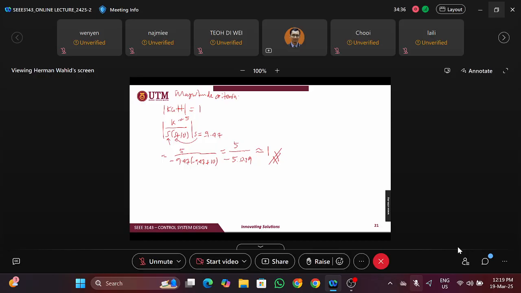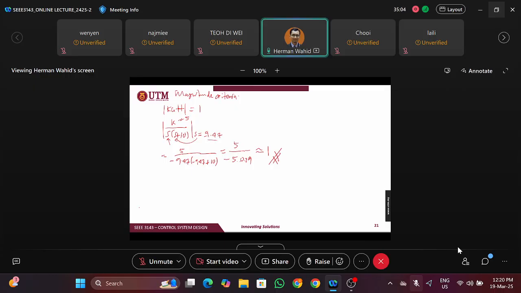You can also use the angle criteria to test whether it is fulfilling or not. But for the current situation, it is enough to use the magnitude criteria because the gain K and the values of the closed loop poles are available.